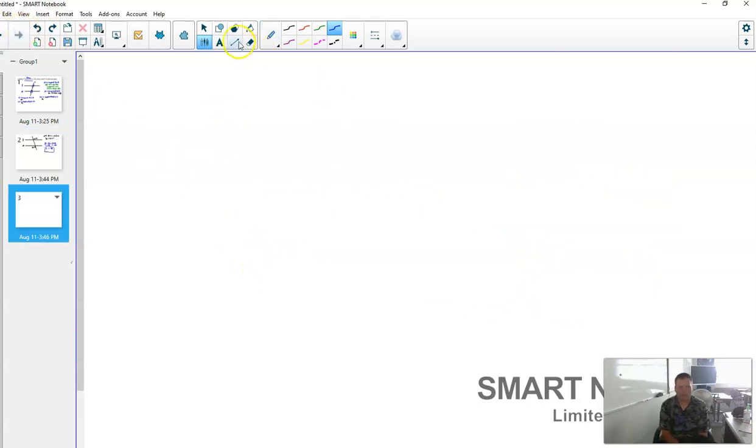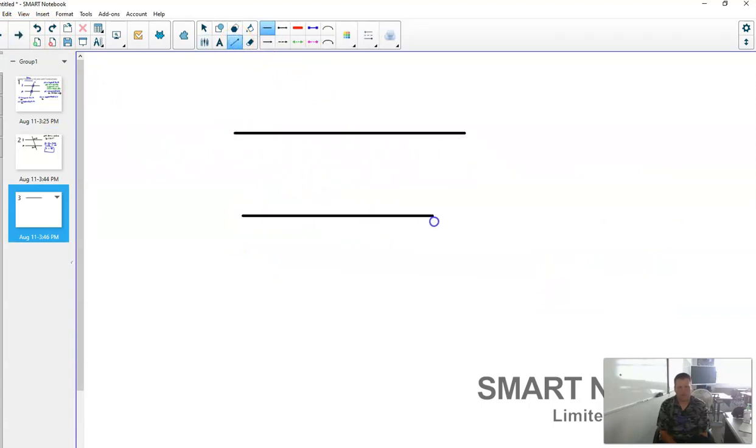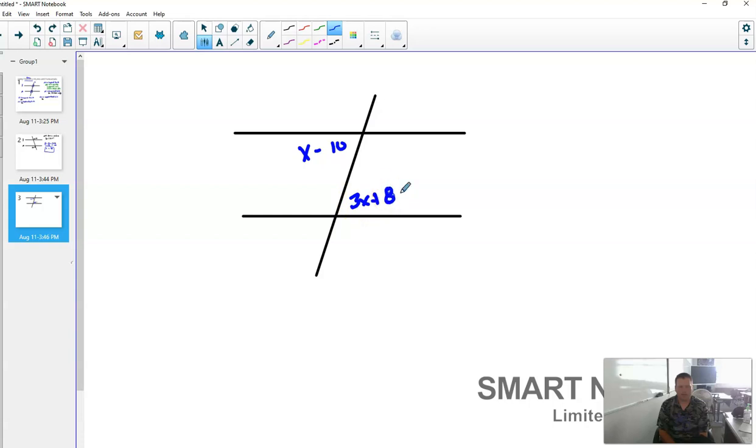Okay, let's look at another one of those. Let's say we had this angle that was x minus 10, and this angle down here, which is 3x plus 80. Again, I'm going to identify what type of angles there are. I'm trying to get L and M to be parallel, and I want to know what value x has to be. These are alternating interior angles, and they have to be congruent.